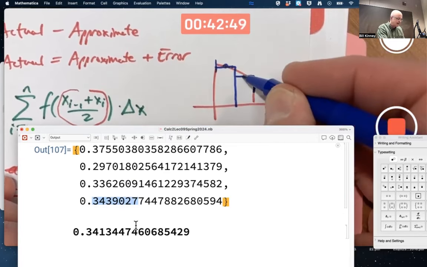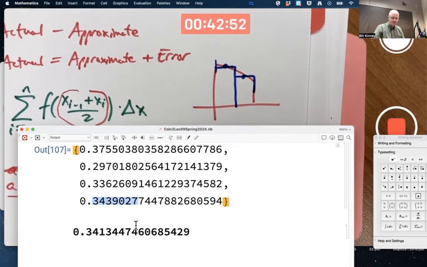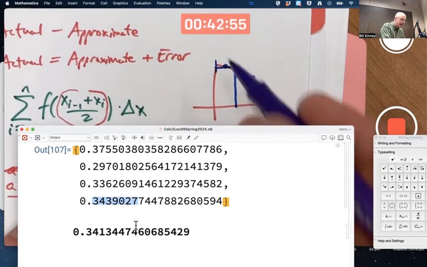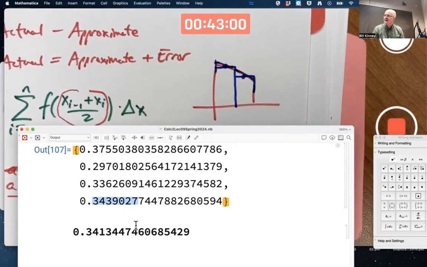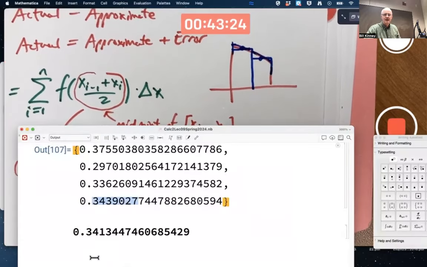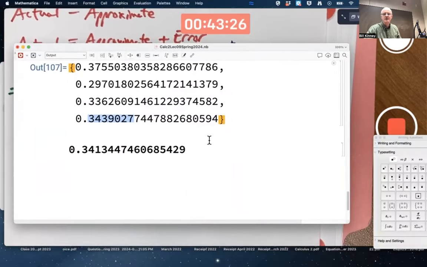You can rotate the tops of these rectangles so that they become tangent lines to the red concave down curve. And the resulting trapezoids have the same areas as those rectangles. And because those tangent lines are above the concave down curve, those areas are a bit too big. Now that requires more explanation than I gave, but that's the idea of what you'll see when you do the reading, as you should. So the midpoint rule is a bit too big.